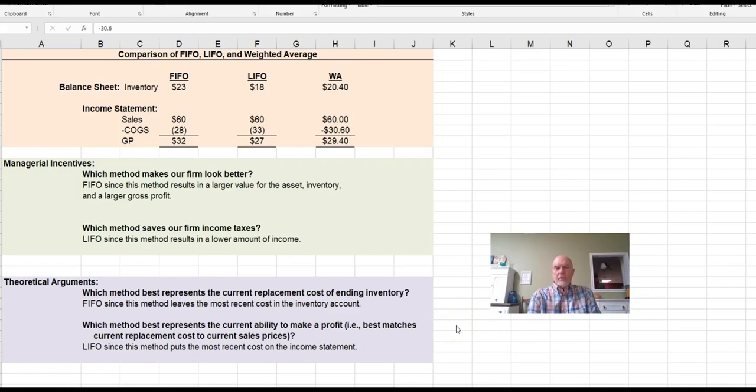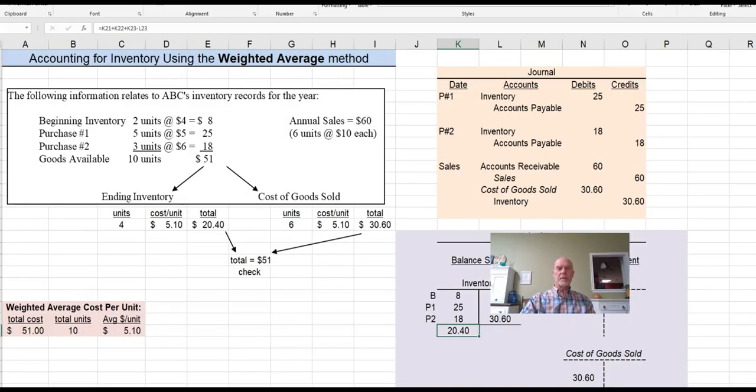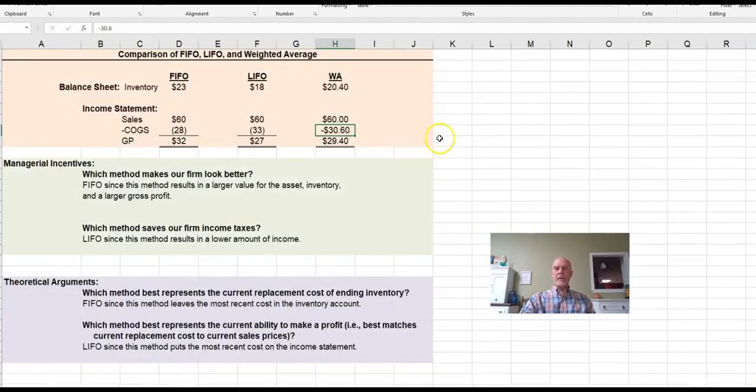So on the exam, when you're looking at this, you need to understand how to calculate. Remember, all of these fall into that general calculation: beginning inventory plus purchases gives us our total cost of goods available for sale, minus our ending inventory is cost of goods sold. And then that cost of goods sold subtracted from sales gives us our gross profit.